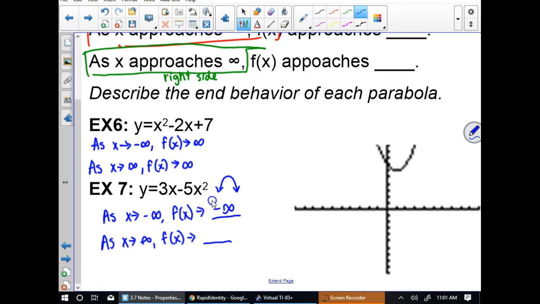And then as x approaches positive infinity, what happens to f of x? It also goes down, right? So we have negative infinity. Now, not for all equations, because lots of them are different, but for a quadratic, those two always have to be the same. They're either both positive or both negative. If it opens up, if it's a smiley face, they're both positive. If it opens down, sad face, they're both negative.